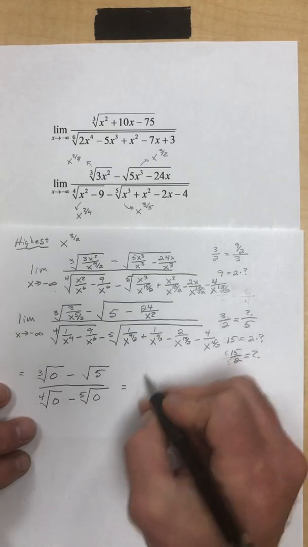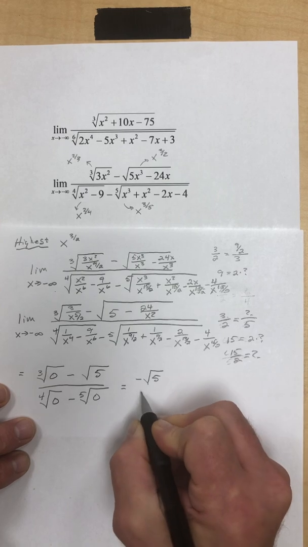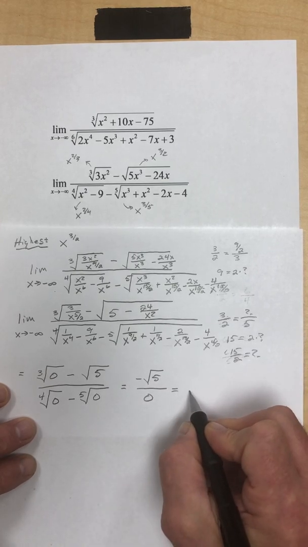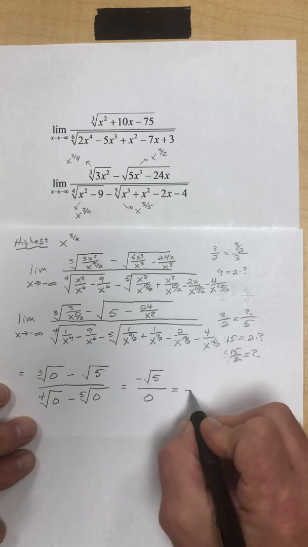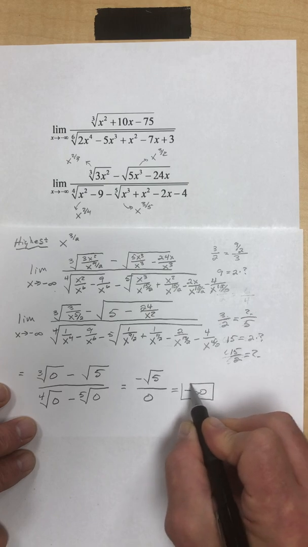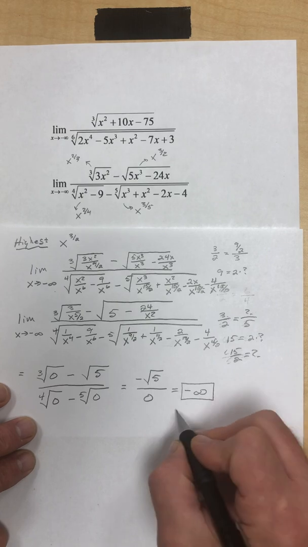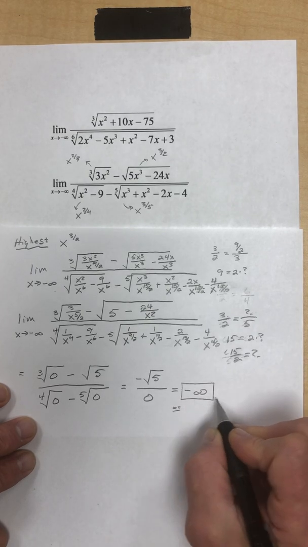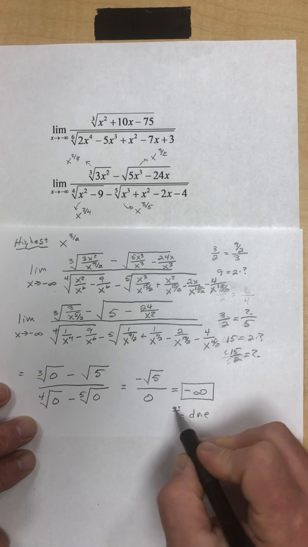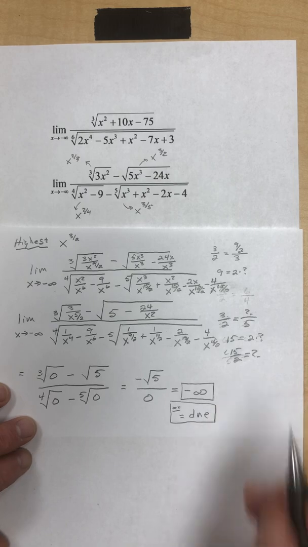So I'm going to get the opposite of the square root of 5 all over 0, which would be negative infinity. So we get a limit that takes us to negative infinity. We could say the limit is negative infinity or the limit doesn't exist. Either one, it's just a matter of how you want to state that.